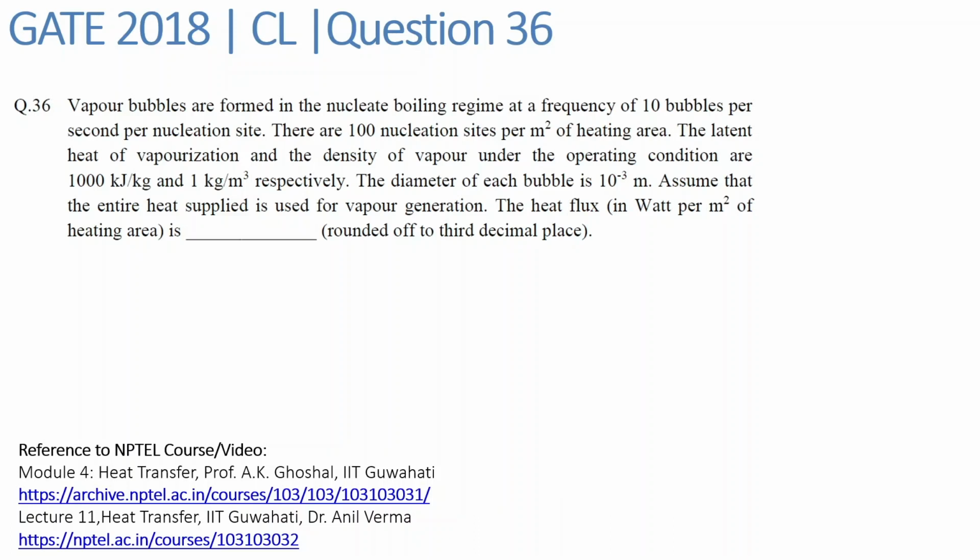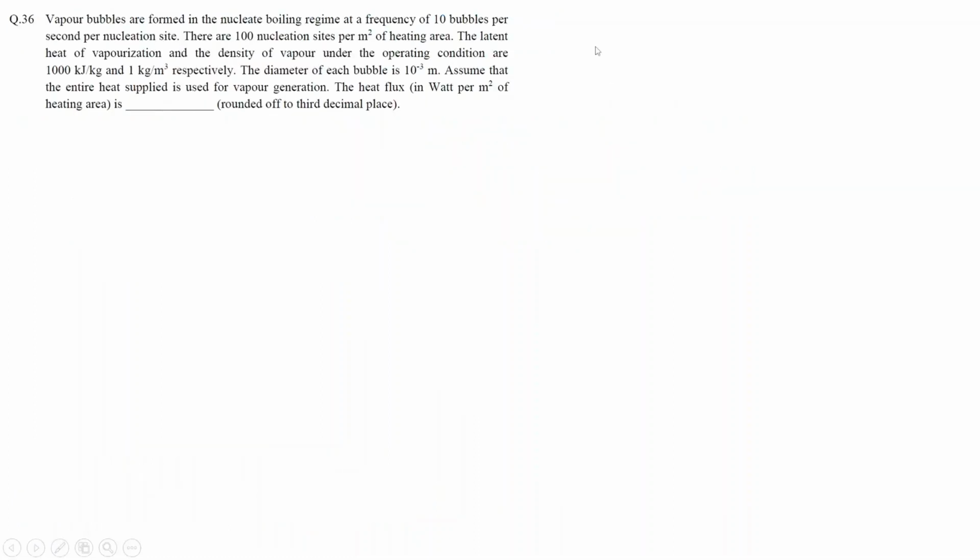So for this given boiling scenario in this nucleate boiling regime, we have been asked to find the heat flux in watt per meter square of heating area. So let's just consider this is a vessel, and from here we are providing the heat.